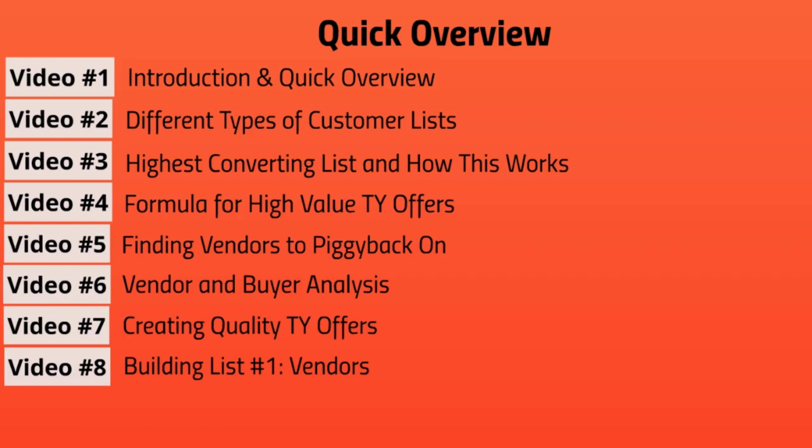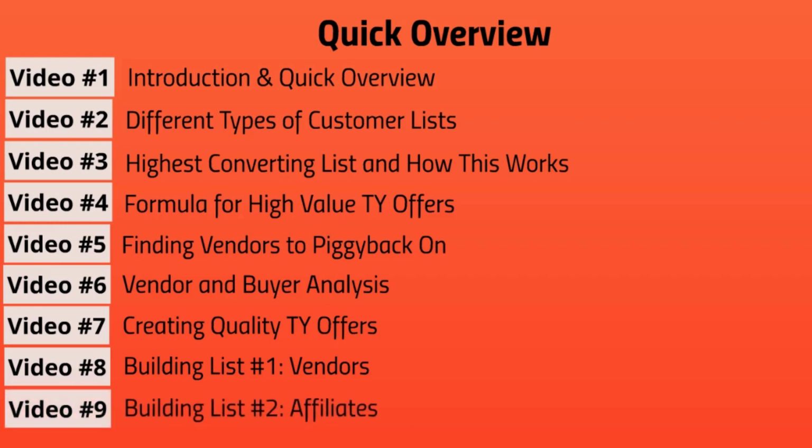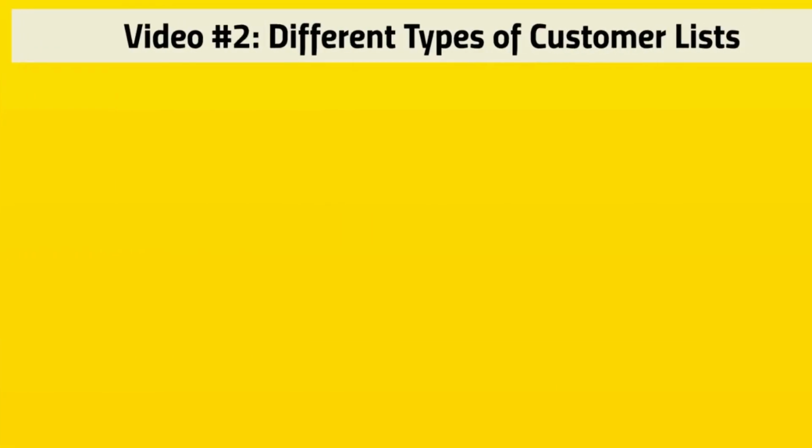So after everything we've talked about in the previous videos, we're going to talk about actually building the list as far as vendors go. And as you're waiting for vendors to say yes, we will talk about building a list as an affiliate in video number 9. All right, so now that you understand the basics, let's jump right in and talk about the different types of lists.